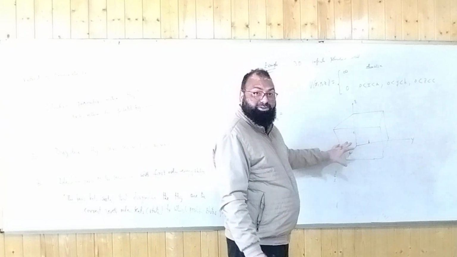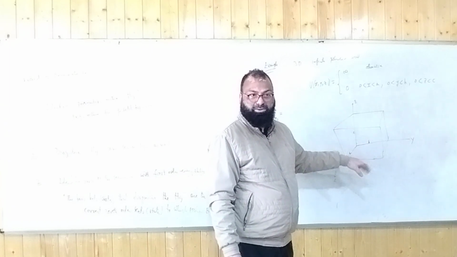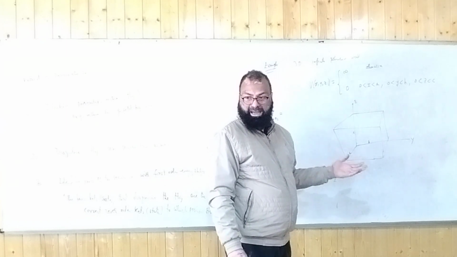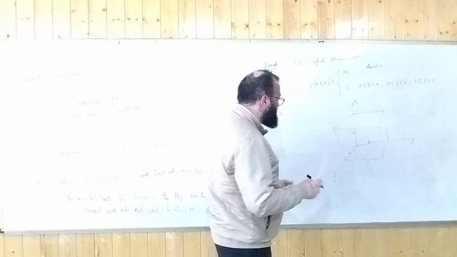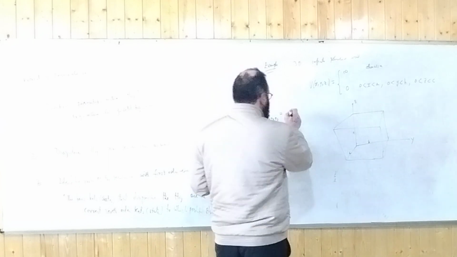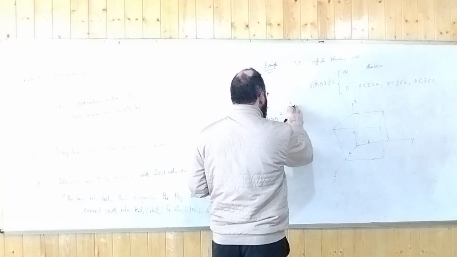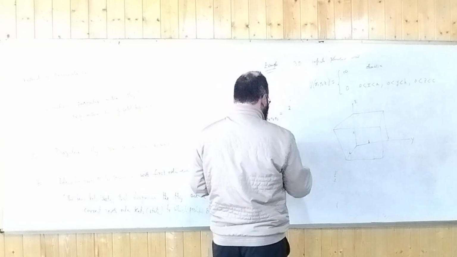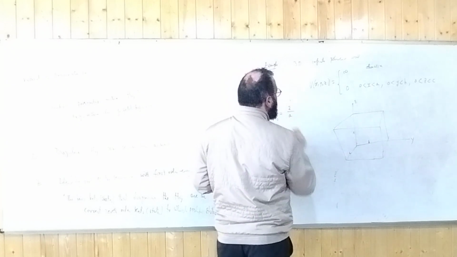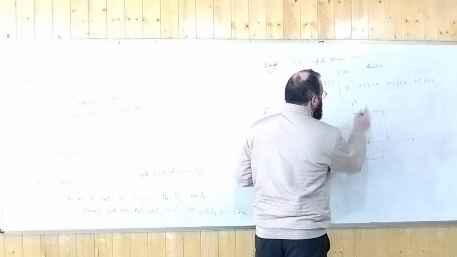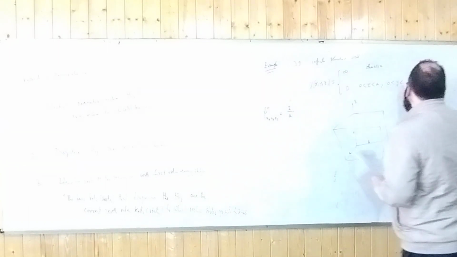You decompose it into three one-dimensional wells. For each one-dimensional well, the sine of x is an eigenfunction. So you will have 2 by, okay, let's consider it as an identical well. So let's consider all the sides are the same.